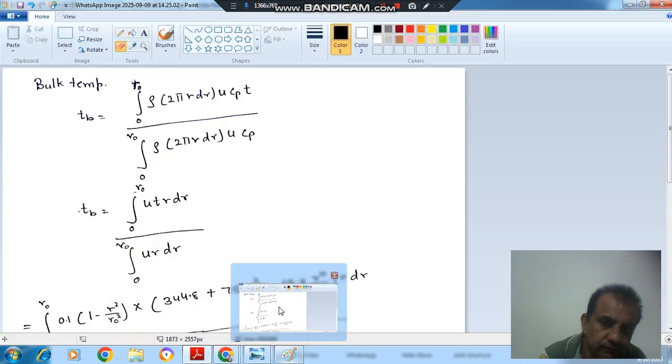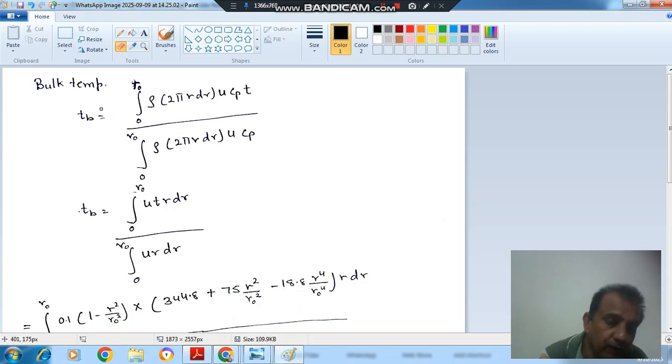So here for the bulk temperature we have the formula: integration of rho 2 pi r dr u, or we can say mass per second, into Cp into T, where T is the temperature of the fluid at location of radius r, integrating within limit 0 to R0.